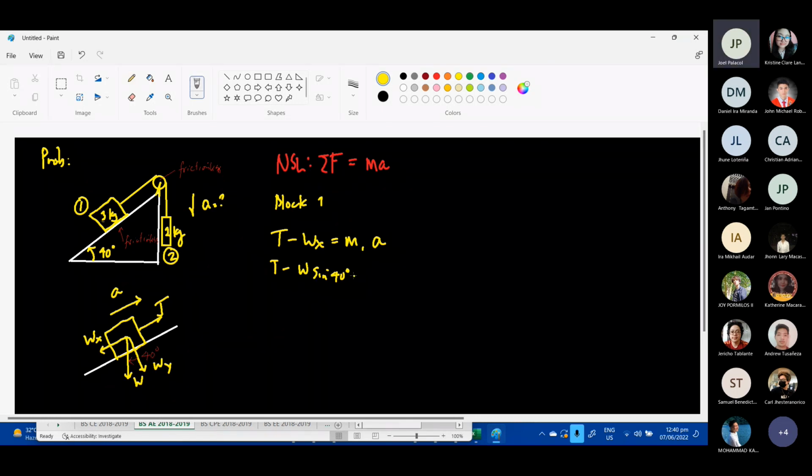So T minus W sine 40 equals the mass, 3 kilograms, times the unknown acceleration.